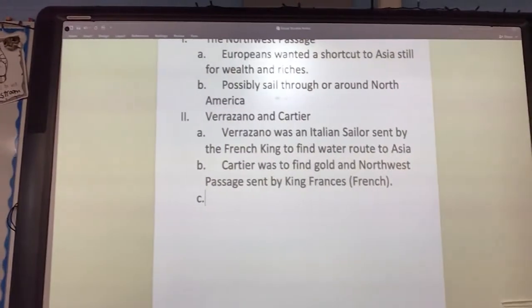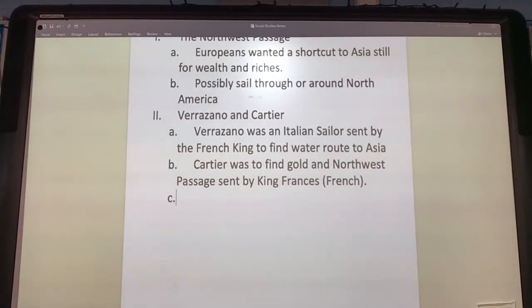I'm gonna turn this back that way so it's a little easier to see. What do you think, Sean? Well, I'll answer that, but also he discovered the St. Lawrence River. Good. Yep. He did. And though he was not successful in finding it, he helped them discover a lot more about America. Good. Very good. Yes. So he wasn't successful in finding the Northwest Passage. He did find this river and discovered more about America. So his travels were successful.